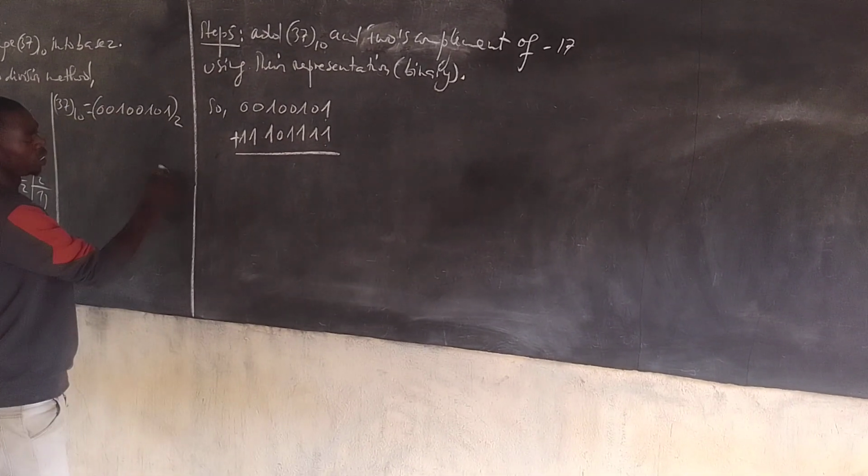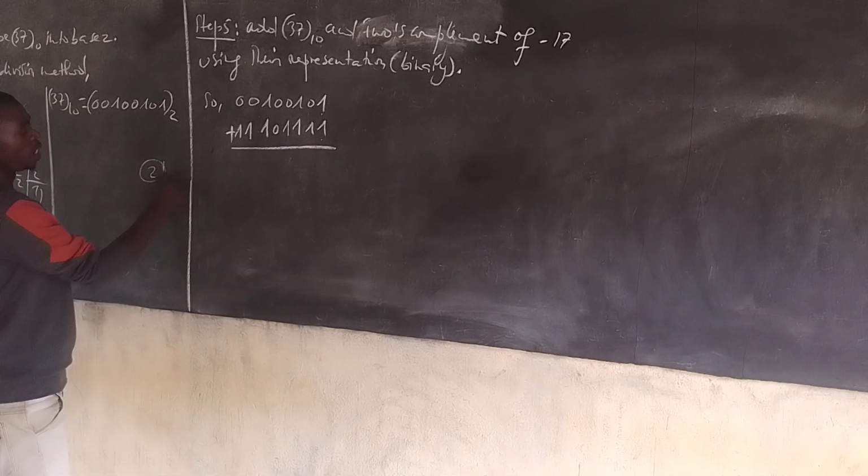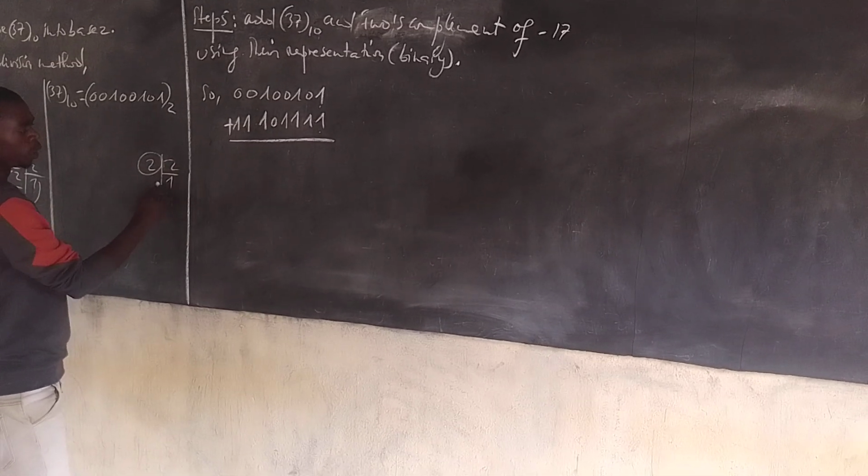That 2 is not an element of base 2, so we have to divide by 2. We put 0 and carry 1.